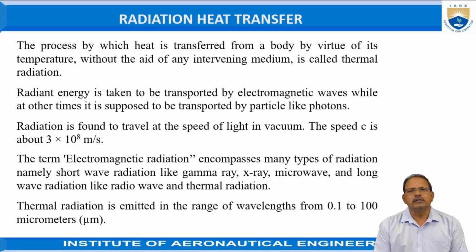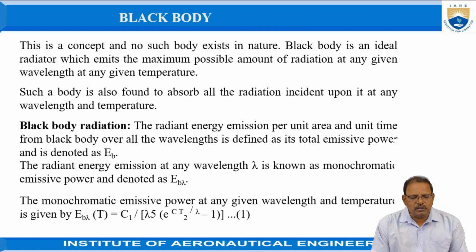The thermal radiation is emitted in the range of wavelengths approximately from 0.1 to 100 microns in the black body. Generally, a black body does not exist in nature, but the ideal black body is a body which absorbs all the radiation incident upon it at any wavelength as well as temperature.